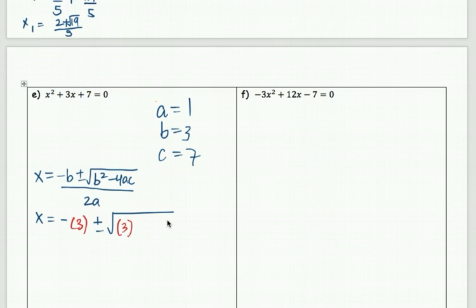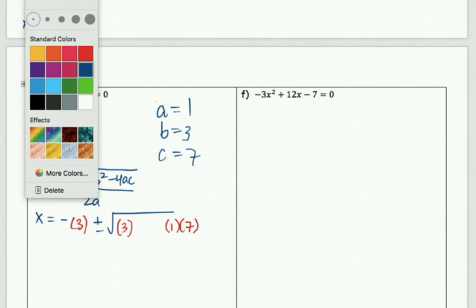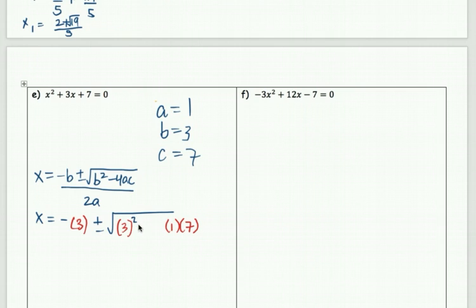I'm just going to write the other ones in because I hate switching the colors here. A, C, there we go. Okay, so b squared, subtract 4a times c, all divided by 2a, like that, okay?